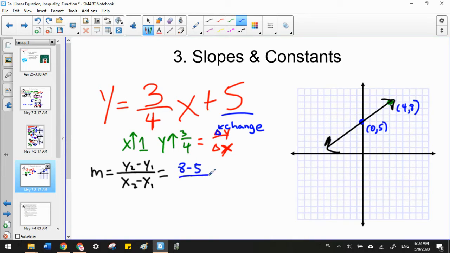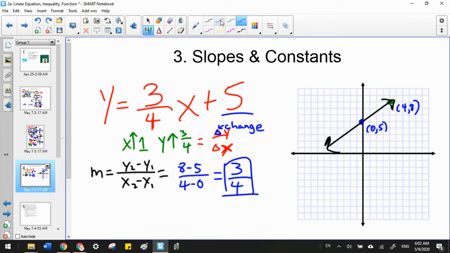So I get 8 minus 5 over 4 minus 0, which turns into 3 over 4, which we know is legit, so that's nice. But I don't know if you guys noticed, as I found that slope, I wrote out like 8 numbers. It was a lot to write, and it was a lot to count. I had to do 2 calculations.